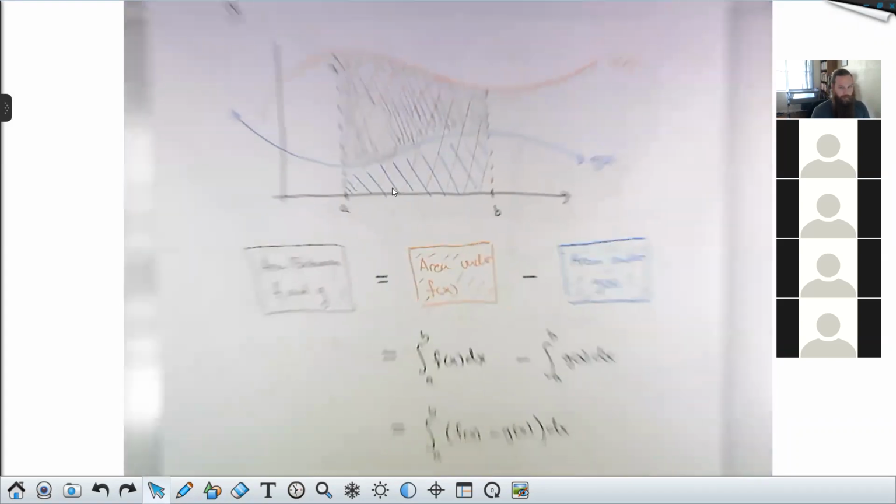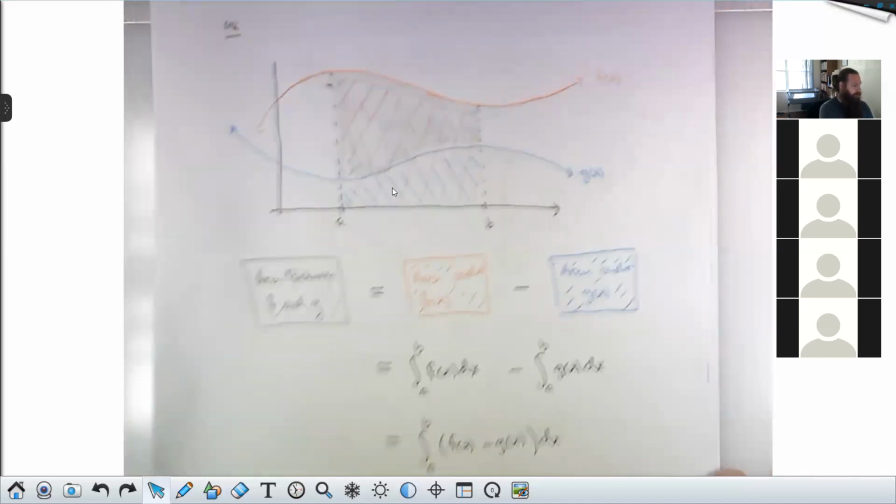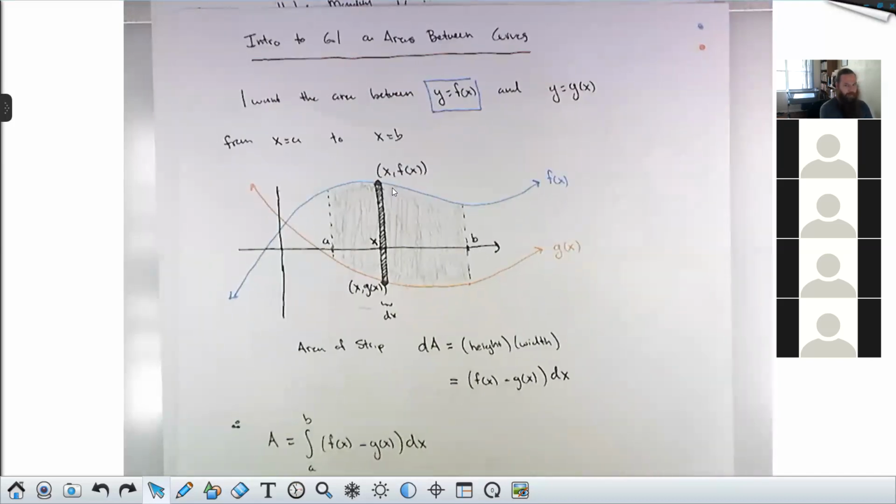So this is how you find the area between two curves in the simplest possible case, where the curves don't intersect and both functions are functions of x, meaning both can be written as y equals f of x for some function. Let's do a quick example or two, and then I'll let you guys go. Again, here's how the book hooks it up, which is fine.